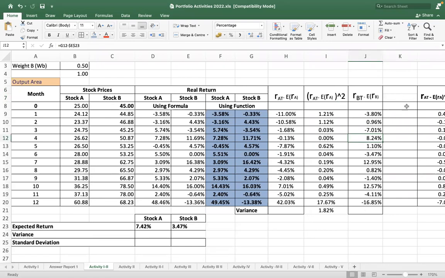Right, so then we can get the power value.